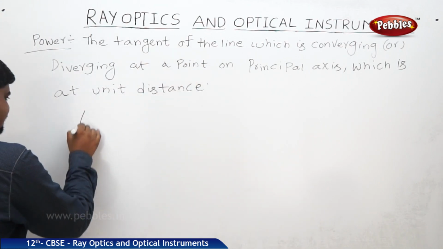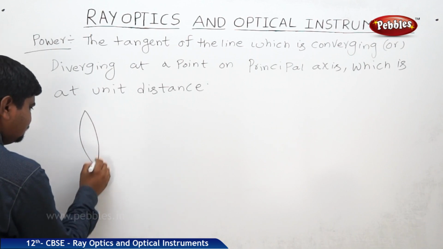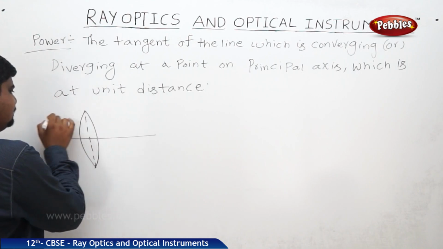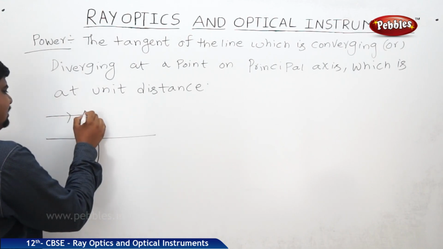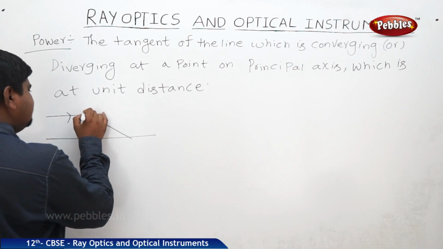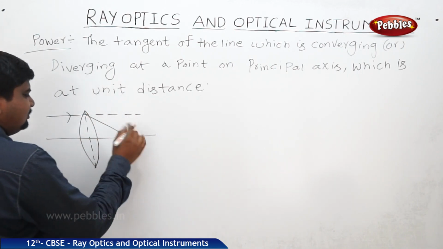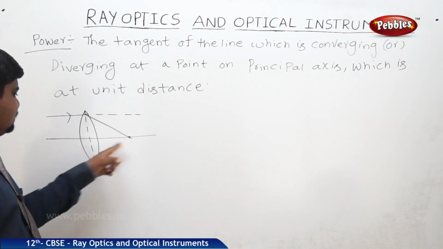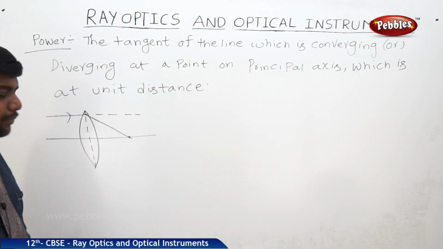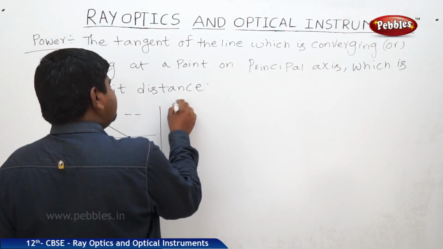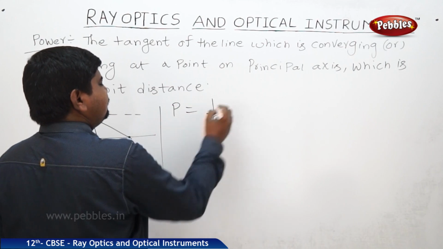So if this is the lens, this is the aperture, this is the optical center, this is the paraxial ray, and it is converging like this. So the tangent of the line which makes converging or diverging, at a unit distance from the optical center. So from the definition we say that P is equal to 1 by F.